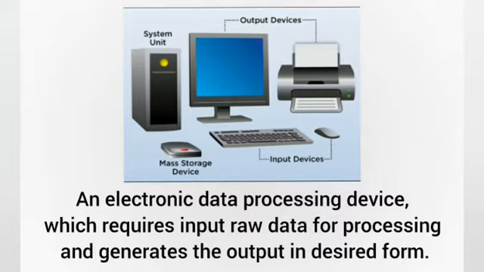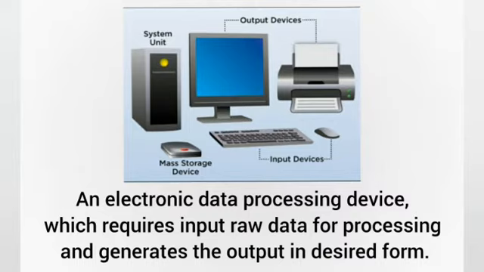A computer stores the data in its memory, which can be accessed any number of times for reference. A computer is made up of lots of electronics, software, and mechanical parts.